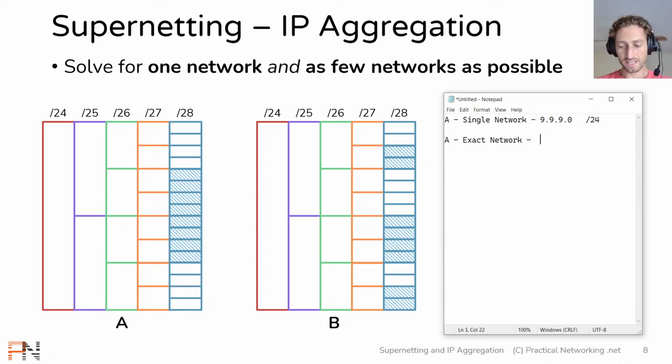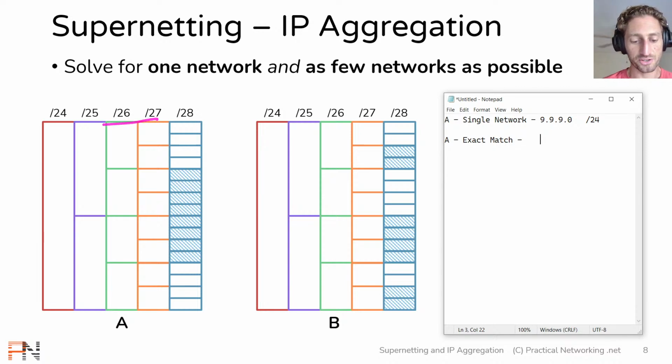Now to solve for an exact match, we could take these /28s and summarize them into this /26, and these /28s and summarize them into that /26. A /26, if you look at the cheat sheet, has an increment of 64.